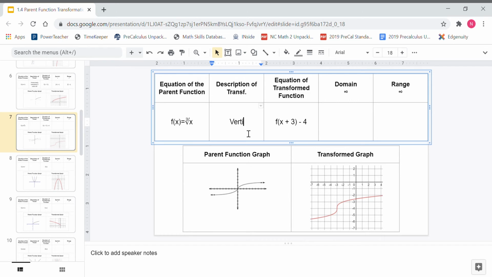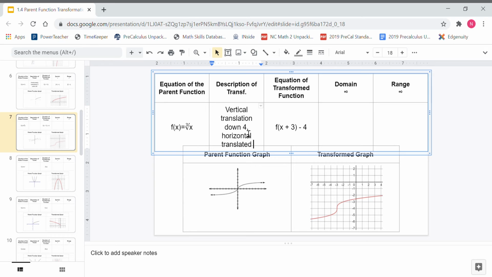So we've got a vertical translation down 4 and a horizontal translation left 3. Order doesn't necessarily matter when you're doing those, not when you graph it and not when you are stating it. And your range actually doesn't change.